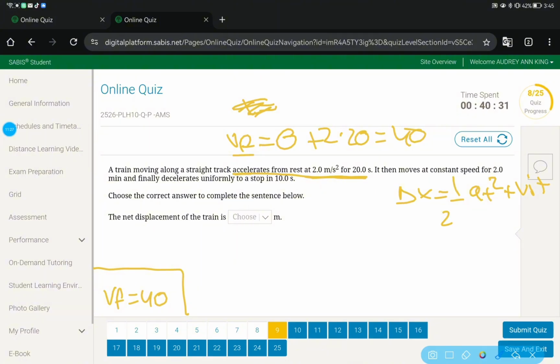And after replacing, you're going to get half of 2 times 20 squared plus 0, which is 400. So our first thing is 400.